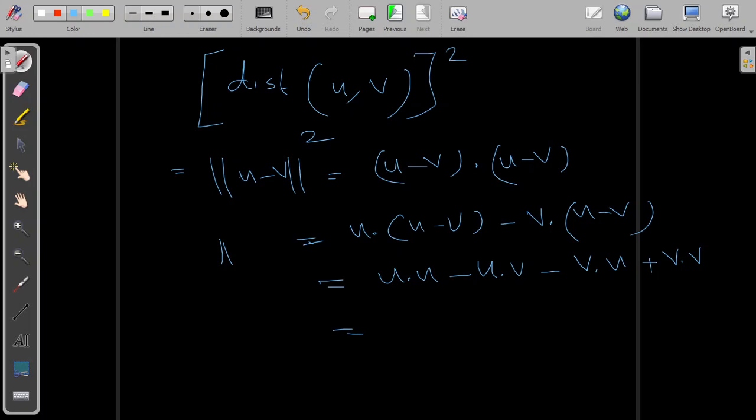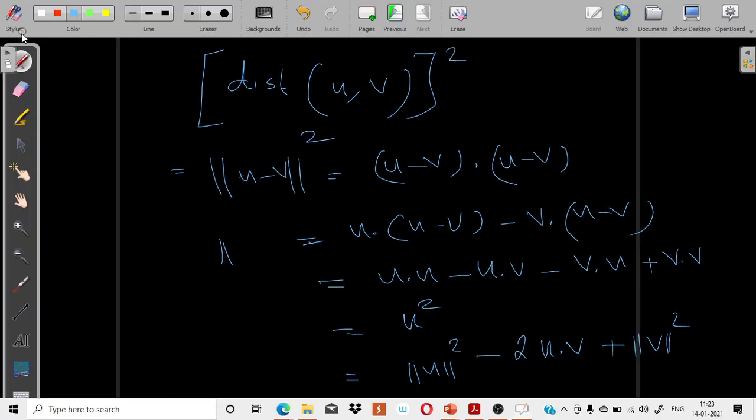That equals norm u square minus 2 u dot v plus norm v square, because u inner product u means u transpose u, which is nothing but norm u square. Similarly for v.